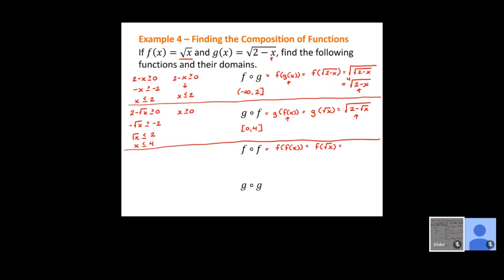So if I substitute that in now, what's that going to give us? Good, right? So it's the square root of the square root of x. And again, we can rewrite that as the fourth root of x now.